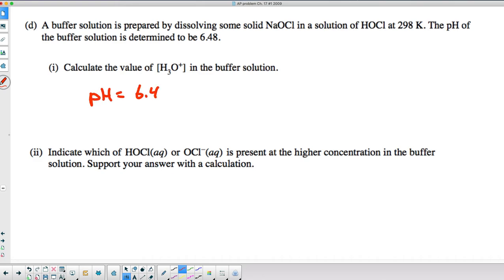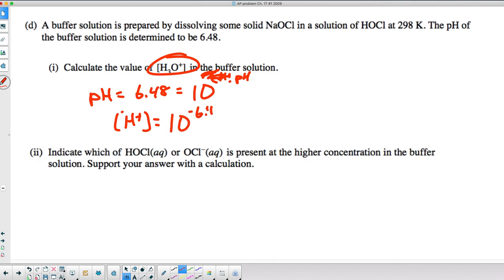The hydrogen ion concentration, which is what this is asking for, equals 10 to the negative pH, so 10 to the negative 6.48, and that equals 3.3 times 10 to the negative 7th molar. It then asks to indicate whether HOCl or OCl minus is present in a higher concentration in the buffer solution, and to support your answer with a calculation.